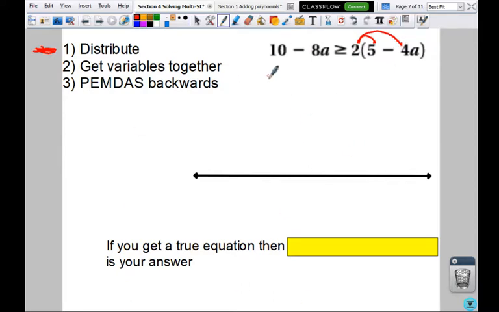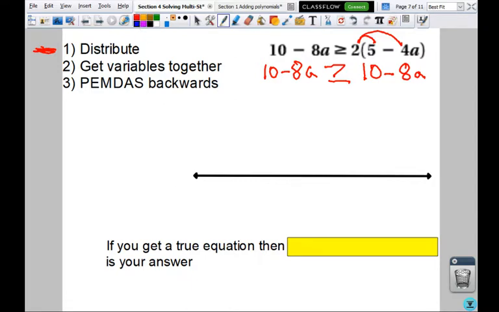So when I distribute, I got my 10 minus 8a, greater than or equal to, and then I'm going to multiply it through here. 2 times 5 is 10, minus 2 times 4a, 2 times 4 is 8, so that's 8a. So I distributed first. That's my first step always, just in general.